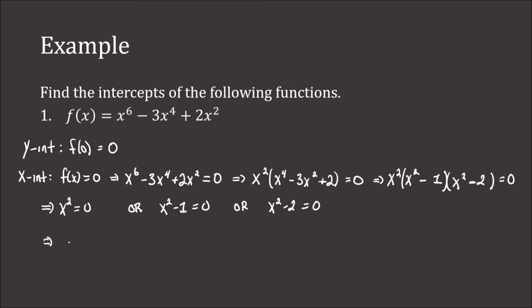So this would mean x has to be 0, or if we solve this, we get x is plus or minus 1, or x is plus or minus the square root of 2.